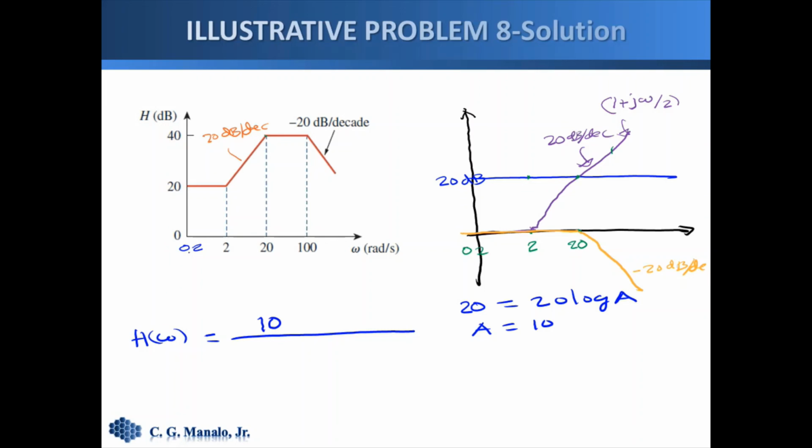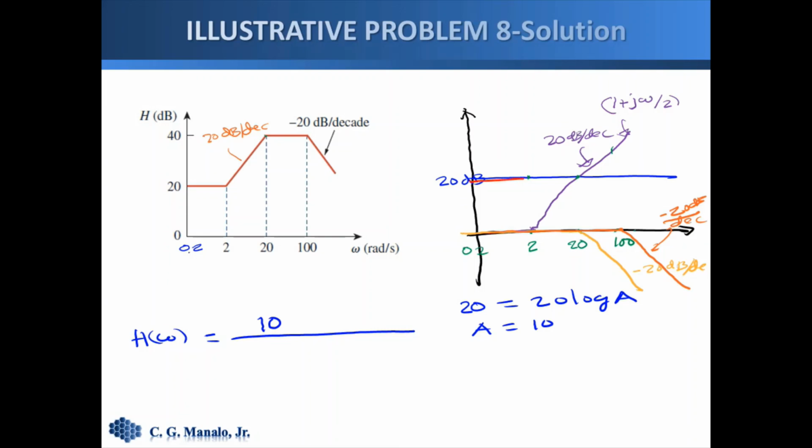And then upon reaching 100, it again slopes downward, this time with a negative 20 dB per decade. That can only be caused again by a simple pole that has a slope of again negative 20 dB per decade. If we combine all of this, that will give us something like this.